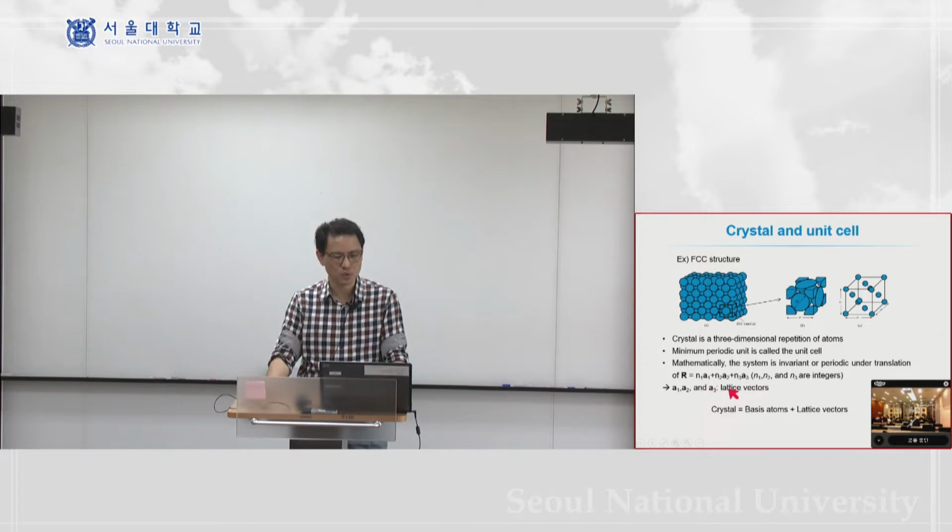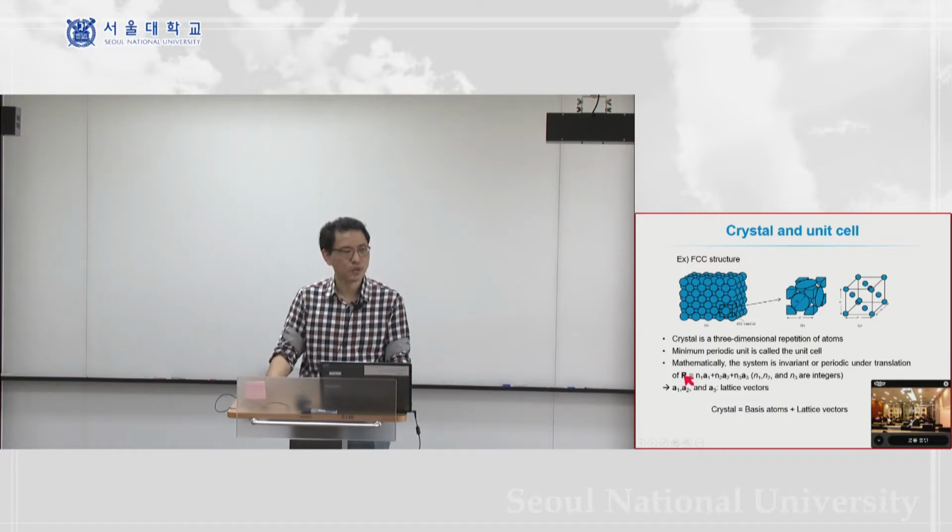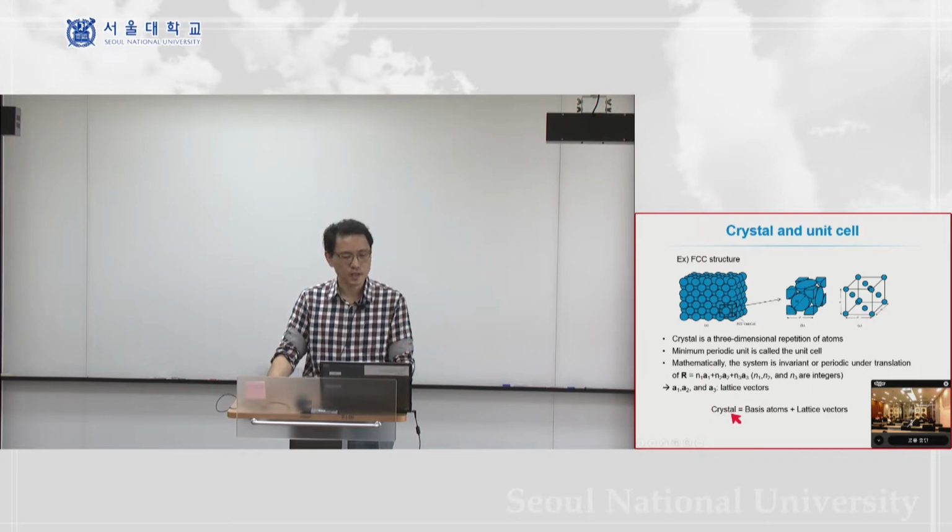These three vectors are the so-called lattice vectors, which define the basic repeating unit of the crystal. I think you are already familiar with this kind of notation. The actual crystal is the lattice vectors plus, on top of the lattice, the basis atoms that make up the unit cell.